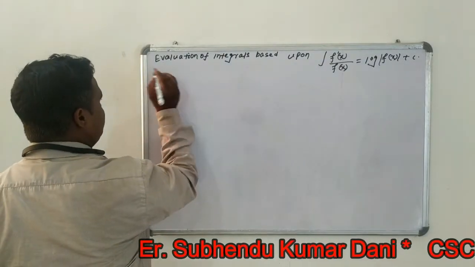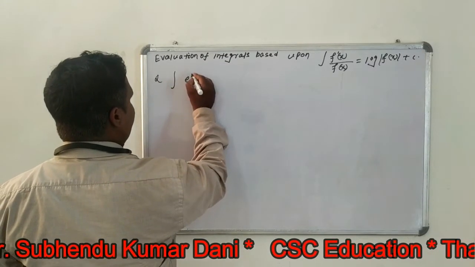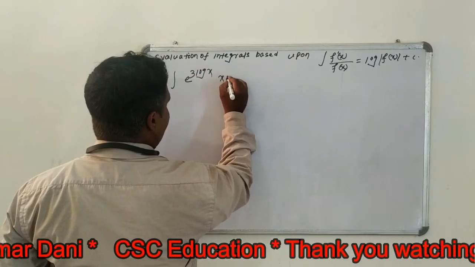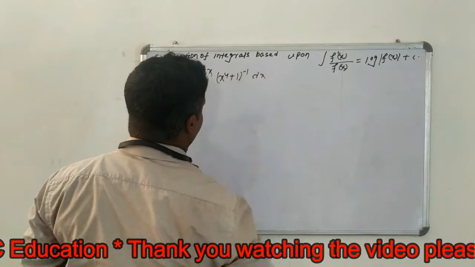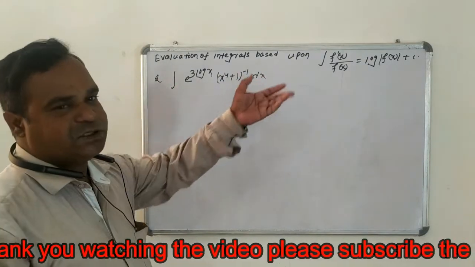Question number 1: integration of e to power 3 log x multiplied by x to power 4 plus 1 to the power of minus 1 dx, and find this integral value based upon this formula.